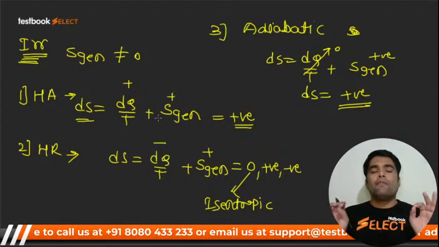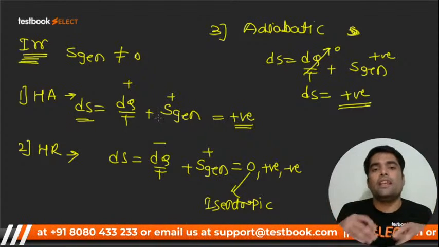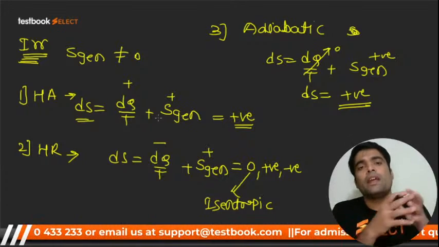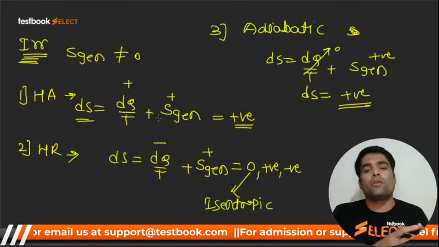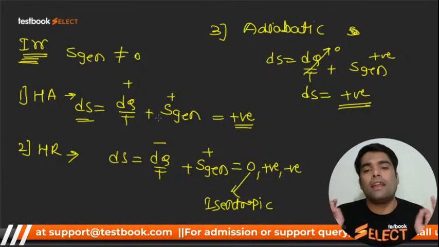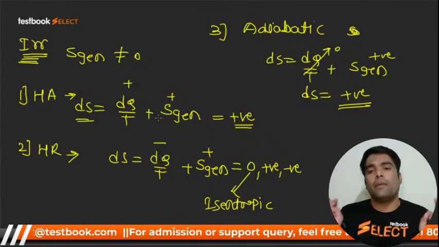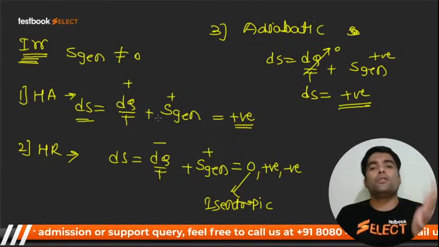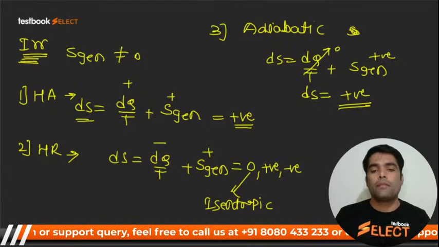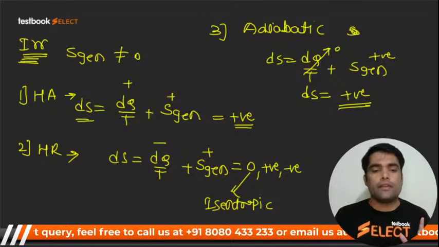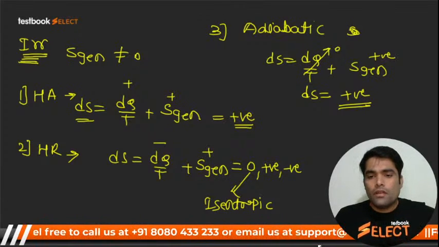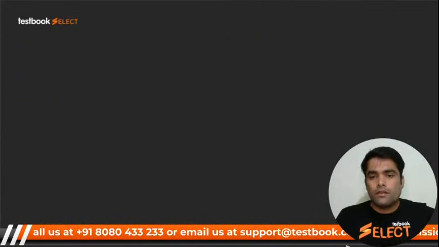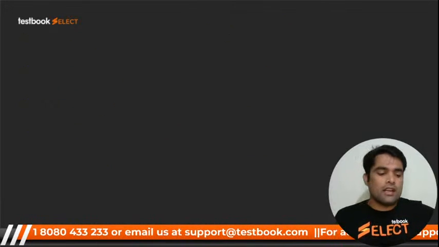So if any irreversible process wants to be isentropic, then it should be non-adiabatic. People have a perception that if it is adiabatic then definitely it should be isentropic. It is a wrong perception. 38, 7 done, 8 target.